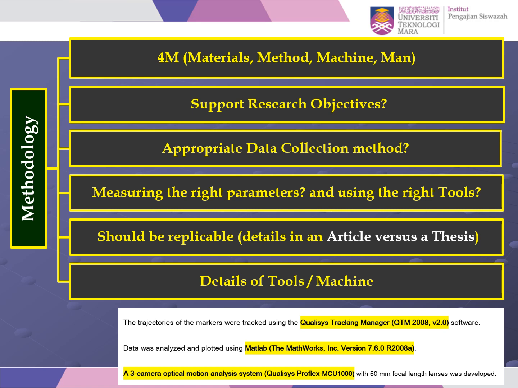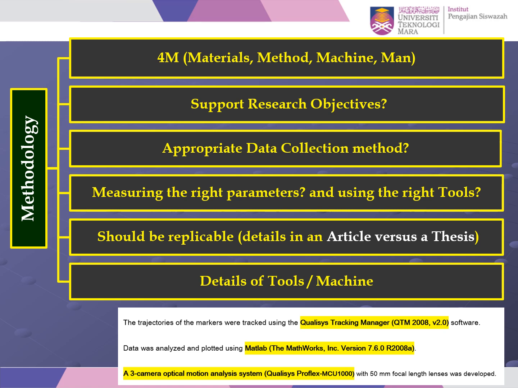And then the details of tools or machines, put them in the methodology. These are some examples where you write the details of the tools or the machine. If using MATLAB, state the version. If using Policy Stacking Manager, which version? If you use a camera system, which version? You should mention this in your methodology.